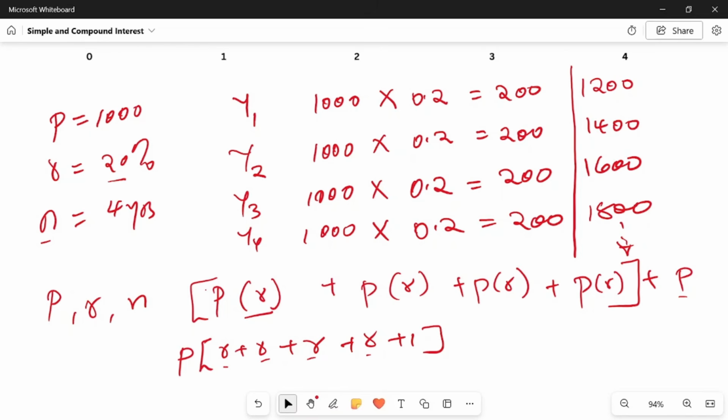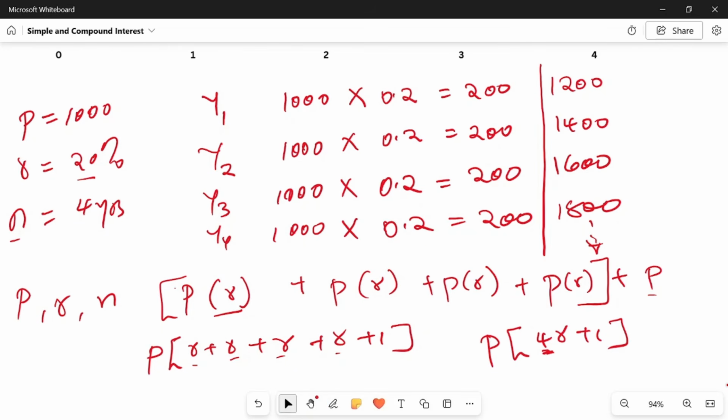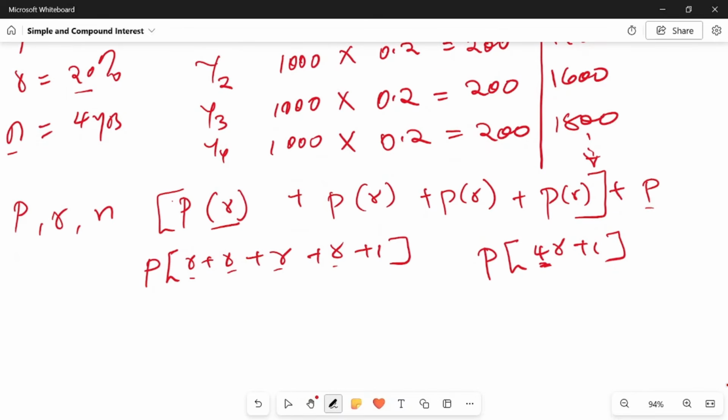So we can simply say from simple algebra that this is going to be principal multiplied by 4 times the rate plus 1. But we said 4 is our period. So if we have n years, we are simply going to write n. So we are going to have principal multiplied by n r plus 1. And this is your formula for simple interest.